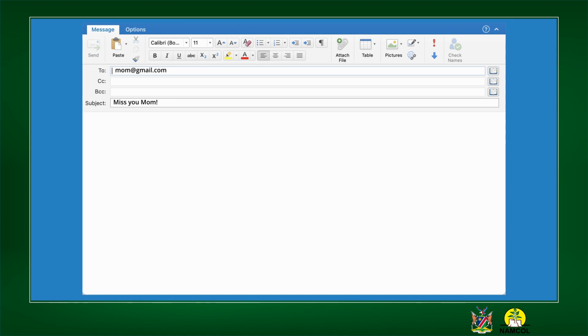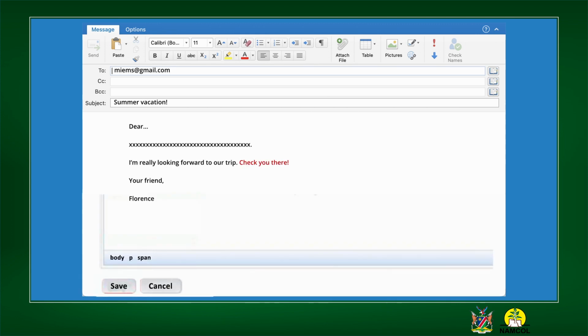Your greeting can range from "Hi mom," "Hello sis," "Hi there," or "Hi Sammy," and so on. The language in the content of the email is in conversational style, and you have the freedom to end your informal email also with an informal line like "Check you there," "Till later," or "Cheers."